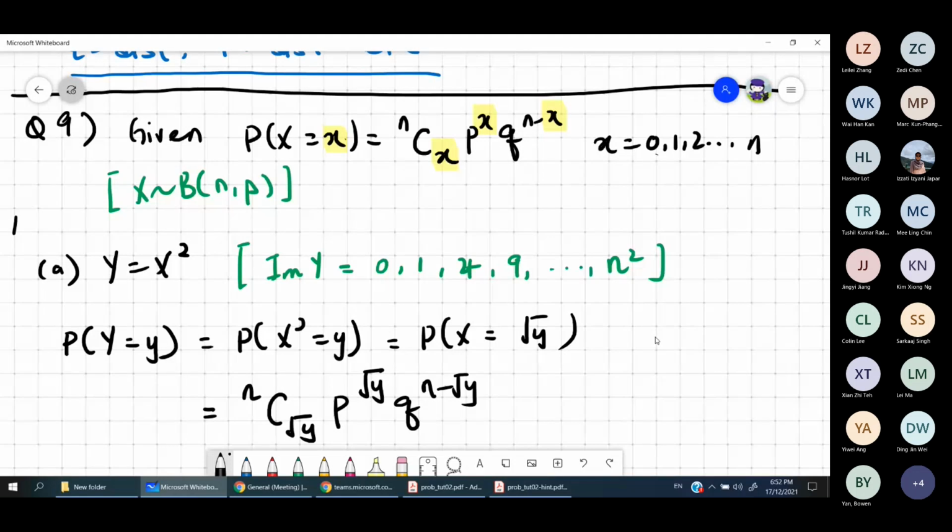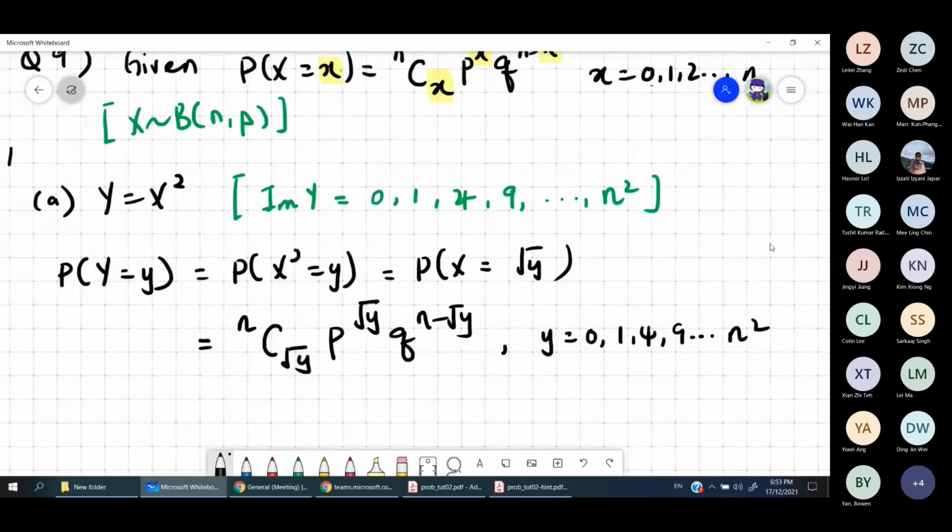So the value of y will be as I said. For those not mentioned, it will be 0, equal to 0 otherwise.